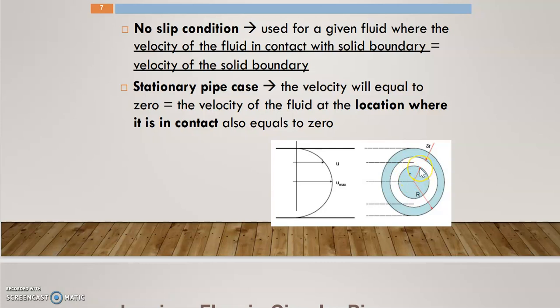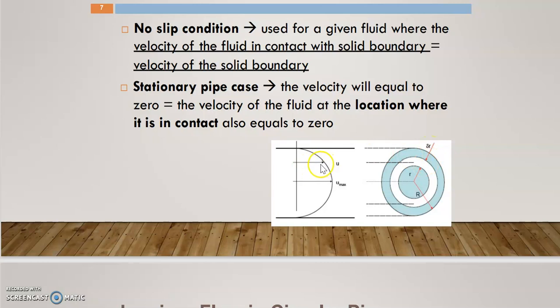There is also the difference of length or distance from the border of the pipe to the location of the molecules to be measured. That is delta r.